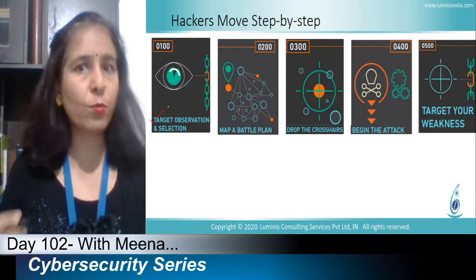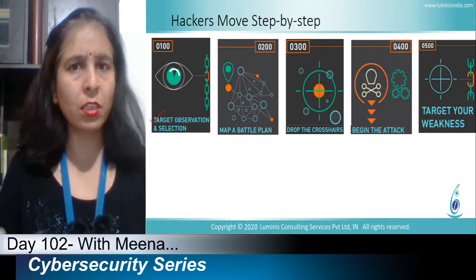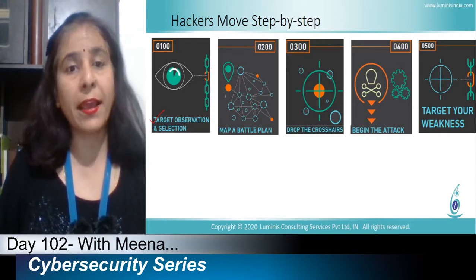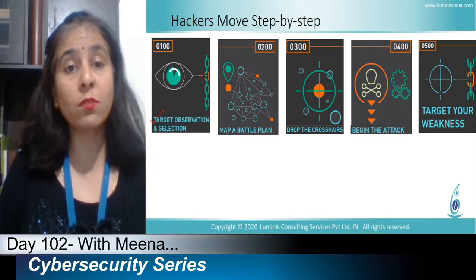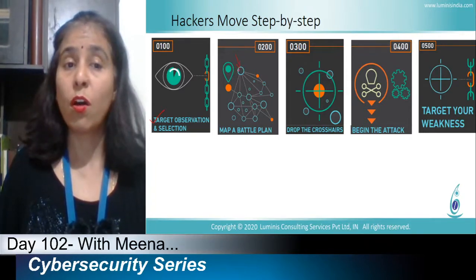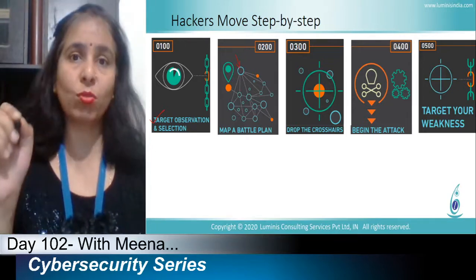After observing their target and collecting the information, they try to make a plan about the network. First they collect the information, then they try to penetrate into their network.